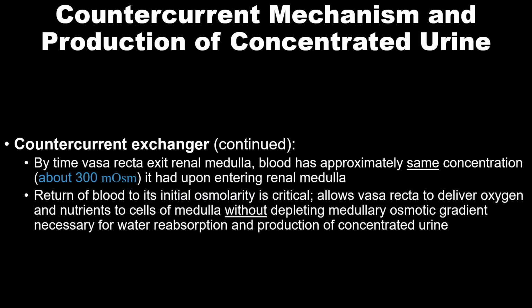This is a super simplified model that I just showed you, as there are numerous vasa recta and nephrons that almost touch each other in the kidney, but think of it just like a simplified artistic rendition, but it gets the idea across.